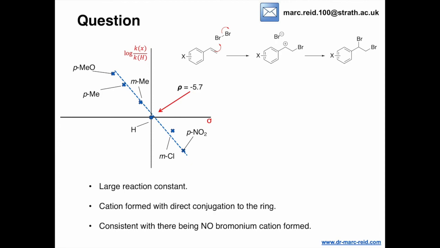Here we might present an alternative mechanistic hypothesis wherein the rate-limiting attack of styrene on molecular bromine leads to the formation of a naked benzylic carbocation derivative that sits in direct conjugation with the aryl ring, communicating directly with the substituents. Electron-donating groups would accelerate this reaction more than in the case of the reaction with the other electrophile, where no such carbocation was thought to be formed.